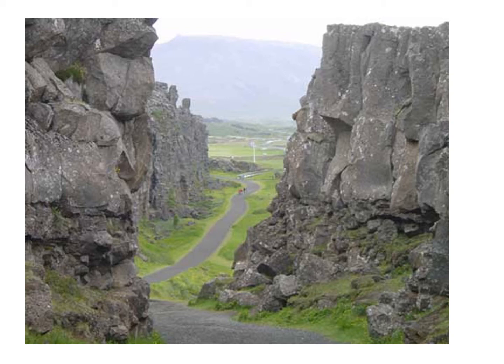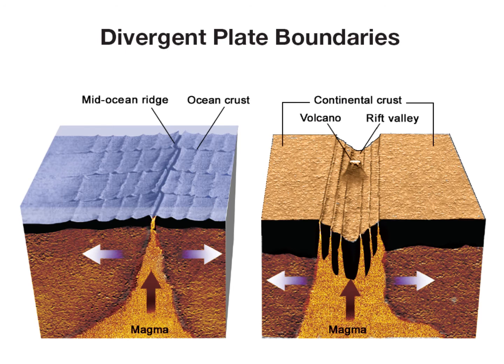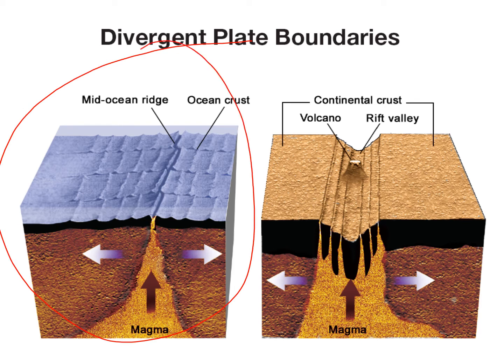Here are some pictures of divergent plate boundaries. If a plate boundary is in the ocean and it's a divergent plate boundary, we are going to get mid-ocean ridges occurring, which we see over here. And if they occur on land, we'll get rift valleys to form.